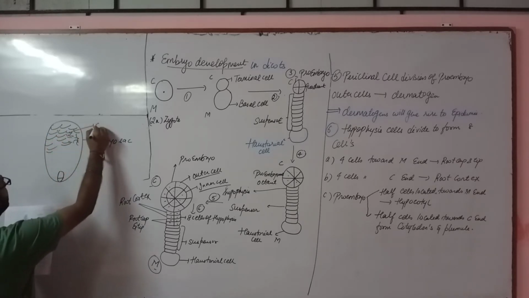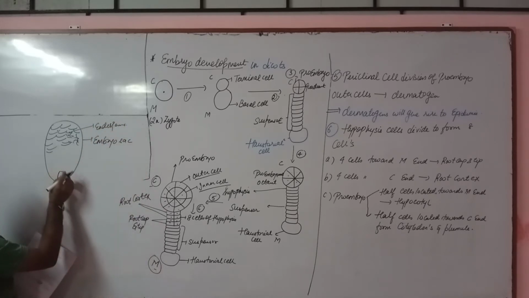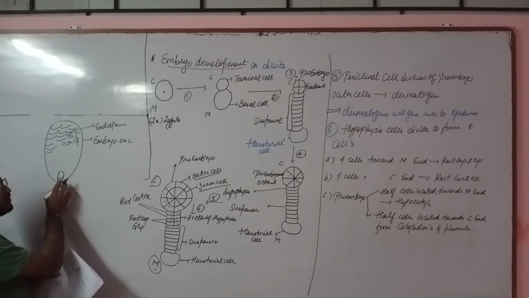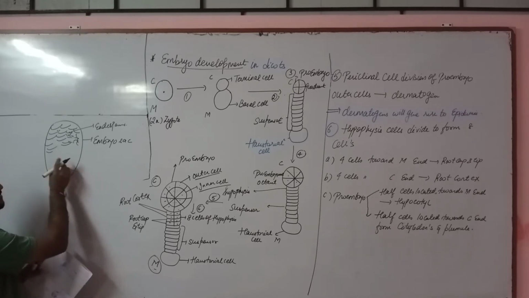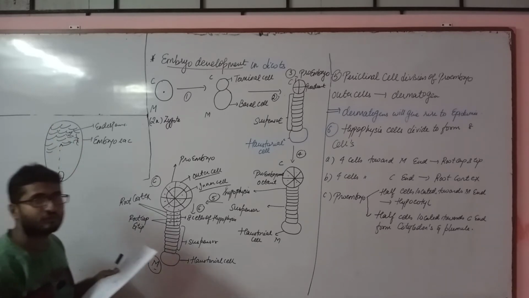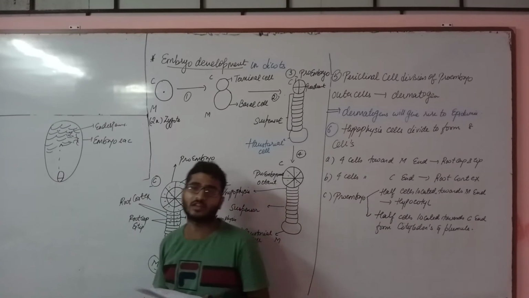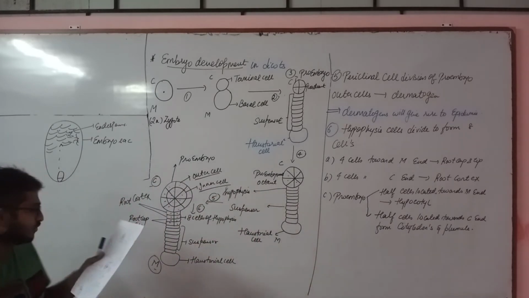All these are endosperms. So this embryo is formed within the embryo sac, and this suspensor pushes the embryo towards the endospermic region, so that the embryo should receive the nourishment from the endosperm.